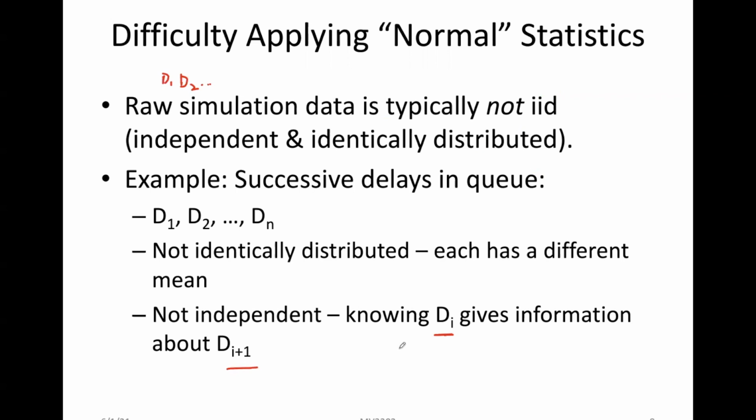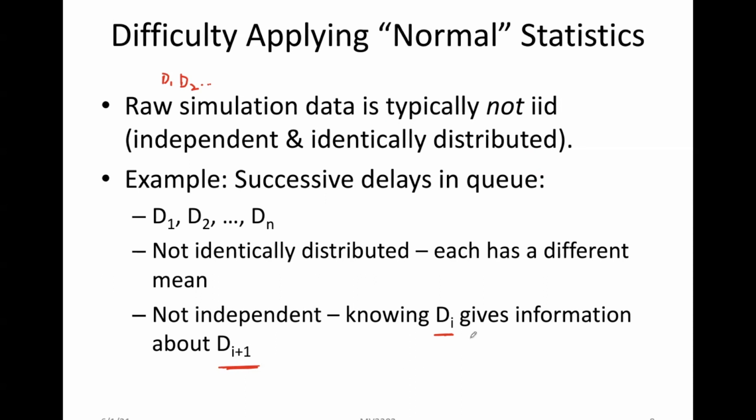If I say that the 10th customer waited a long time in the queue, what about the 11th customer? Well, where did the 11th customer come from? He came in after this one. And if this one was waiting in the queue a long time, the chances are that the one after him was also waiting a long time, because he was right behind him.